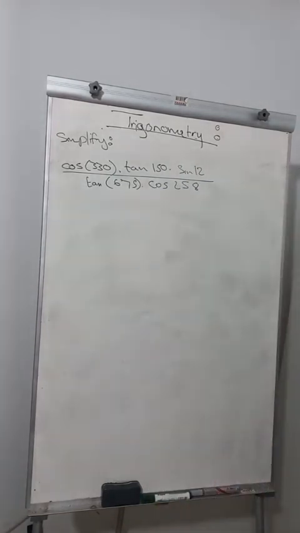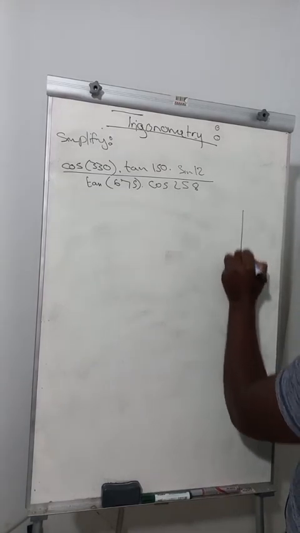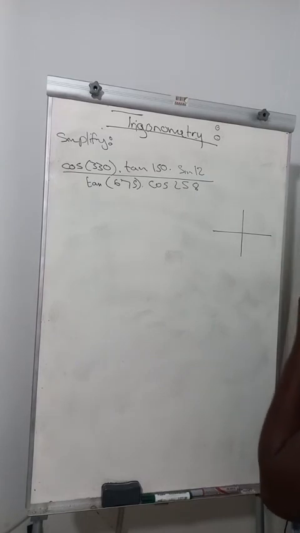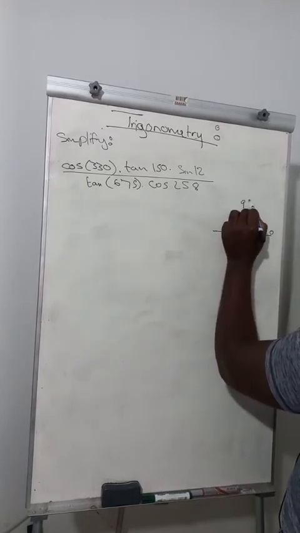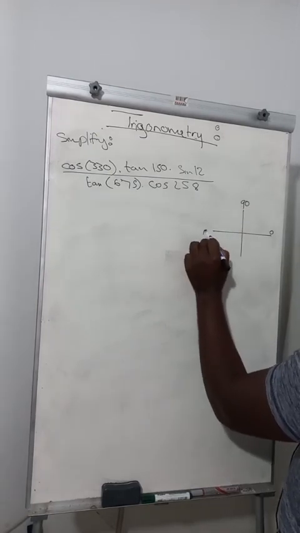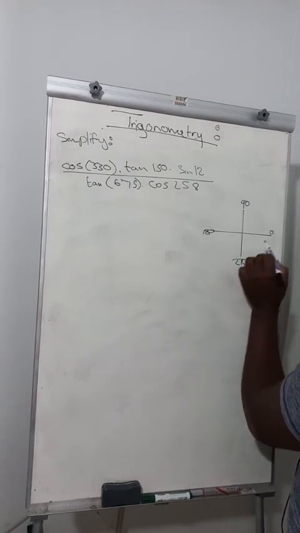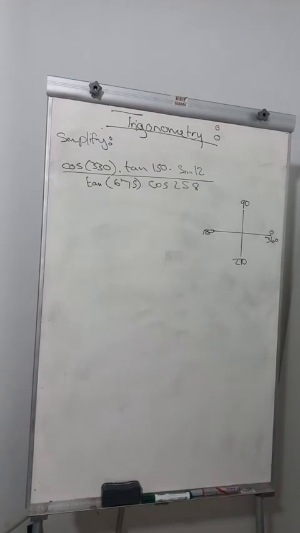Now, guys, when you get something like this, let me draw the Cartesian plane again. First quadrant you start from 0, this gives you 90, this gives you 180, this gives you 270, and here it's 360. Do you see that this is a normal Cartesian plane which you know?